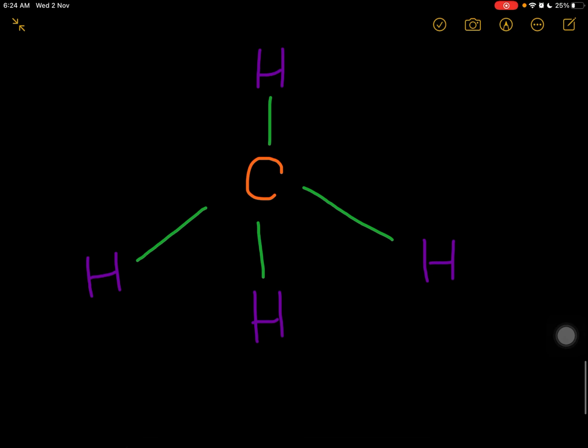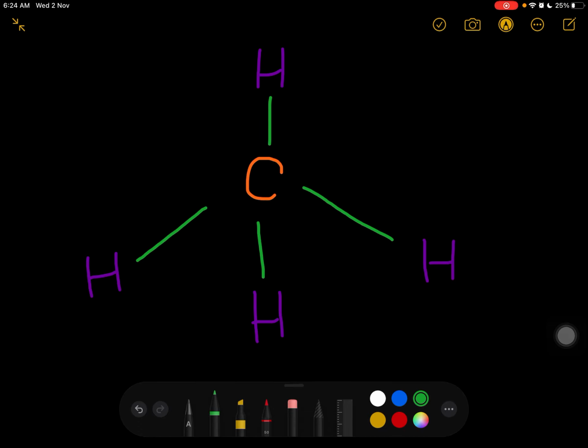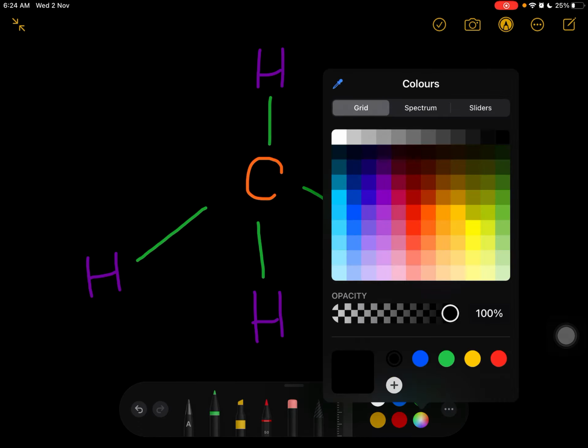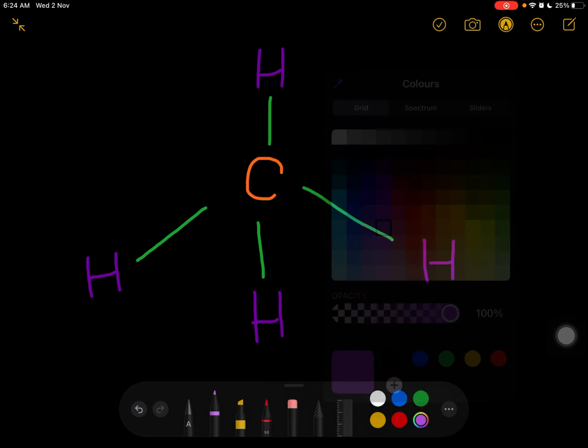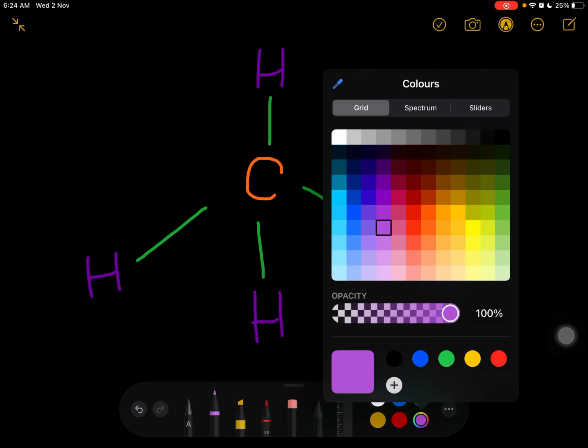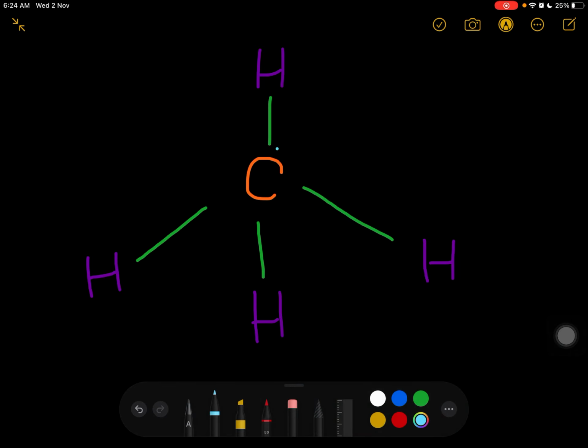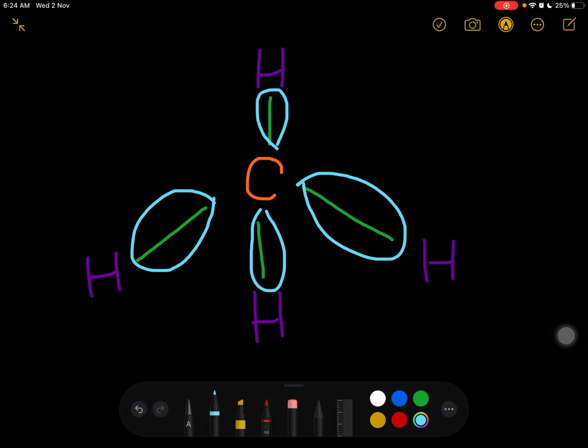Now it will form the hybrid orbitals, since we have combined this with sp3. How will it form? It will be like this. Here the geometry is tetrahedral.